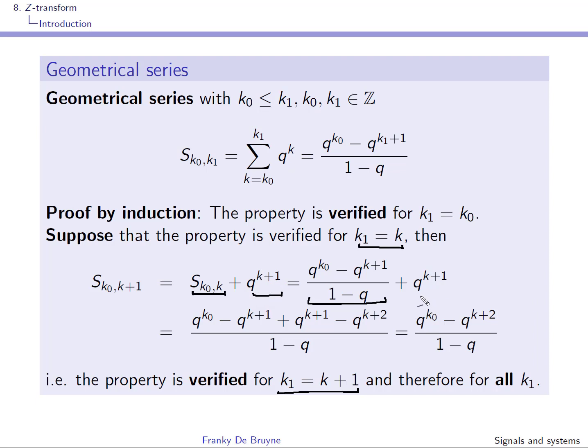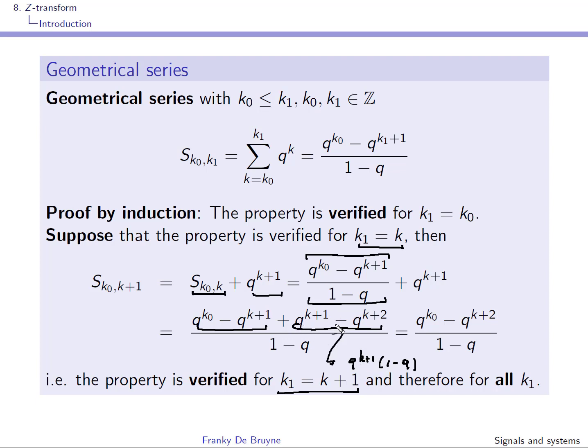So what we'll do is bring everything to the same denominator, right? So these are the terms that are coming from here, and if we put everything under the same denominator, we'll have, well, this is q to the power k plus 1 times 1 minus q.